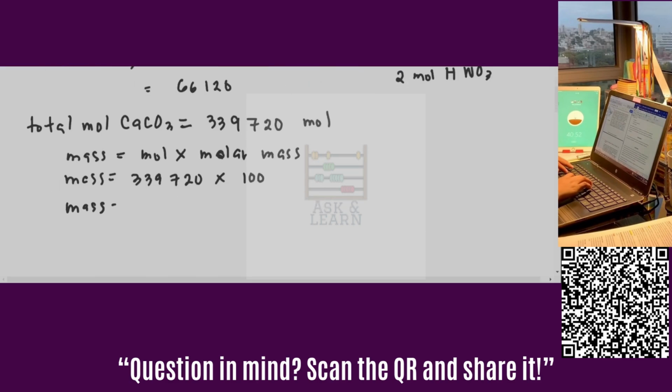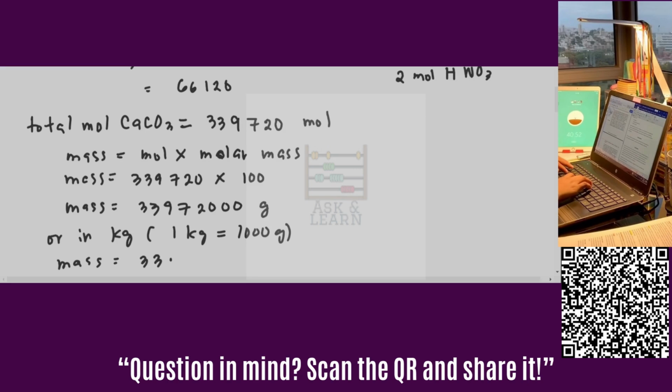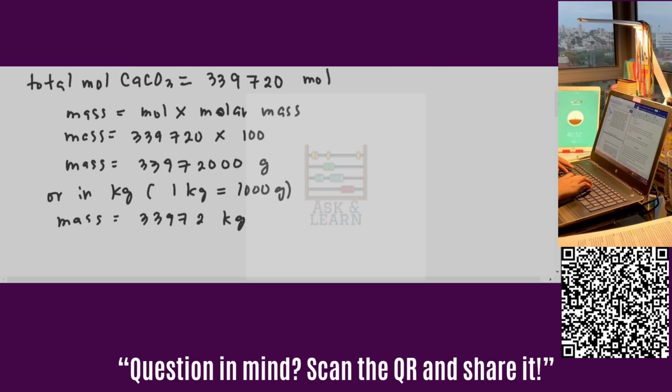So the mass in grams is going to be 33,972,000, or in kilograms, noting that 1 kilogram is equivalent to 1,000 grams, is going to be 33,972 kilograms of calcium carbonate.